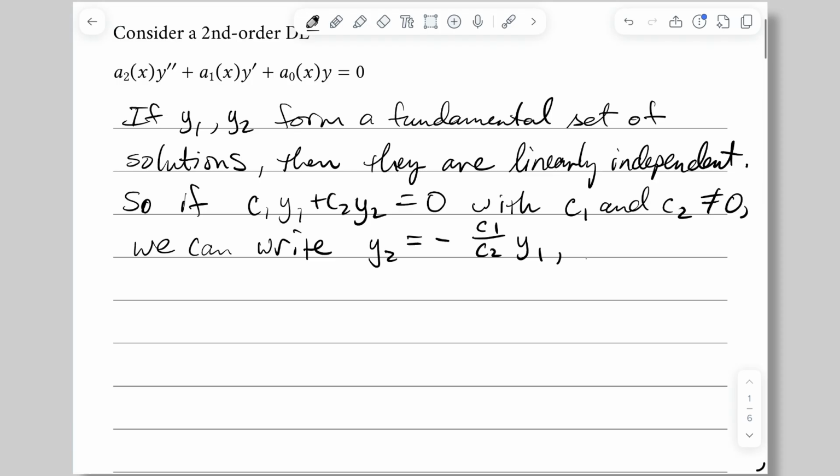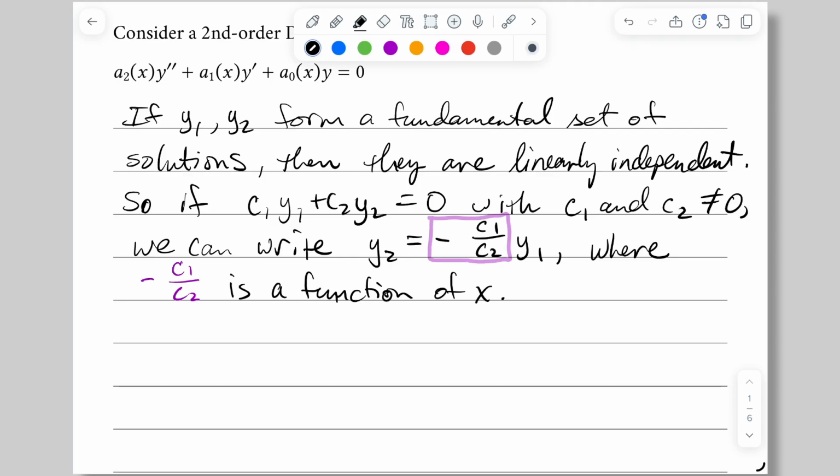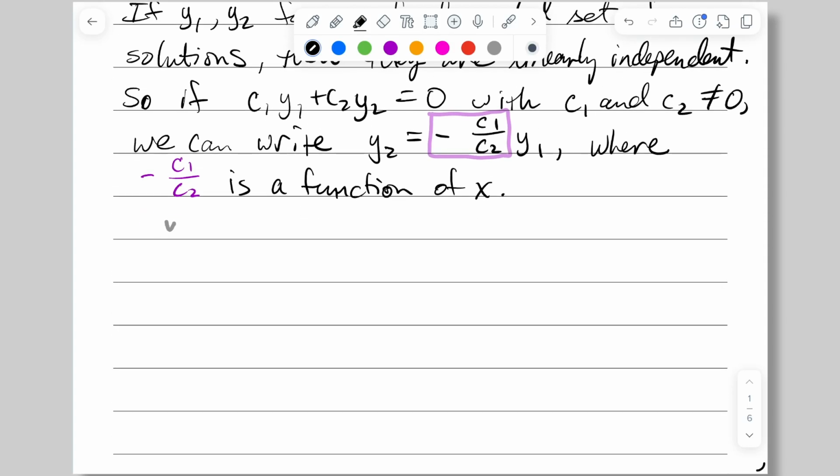And so we then presume that negative c1 over c2 is not a constant, but a function of x. We can then rewrite what we have as y2 equals u of x times y1, where u of x is some unknown function of x.